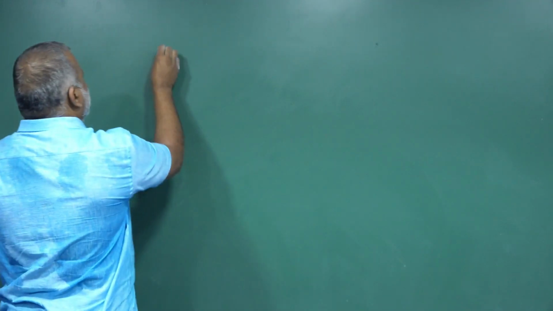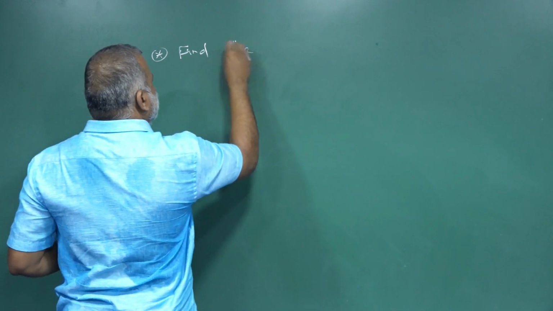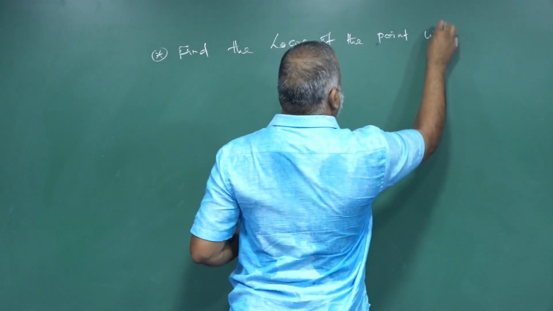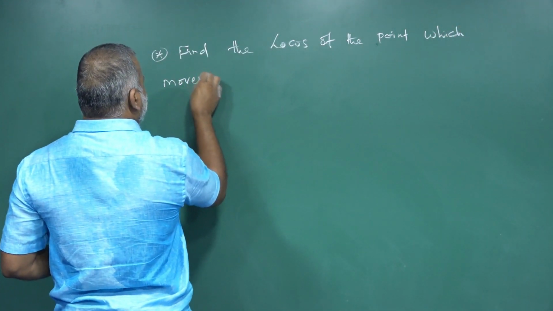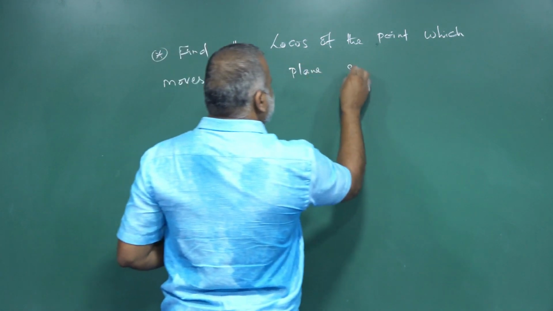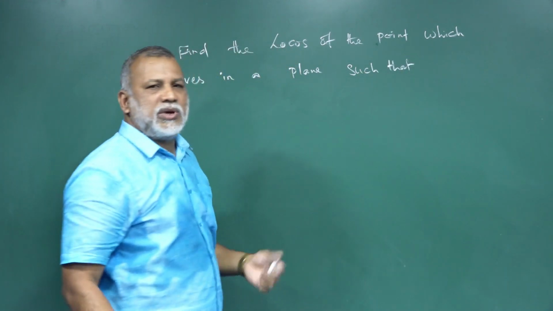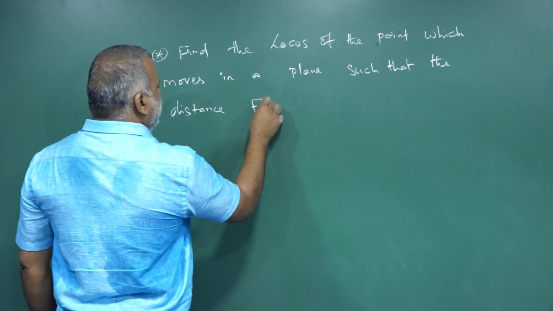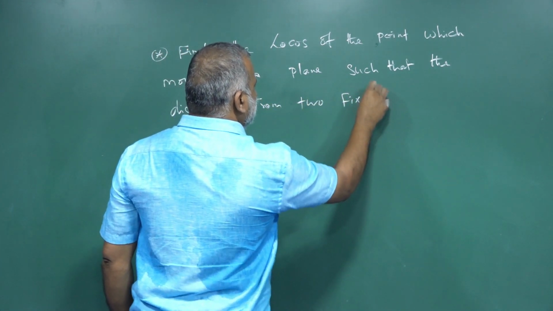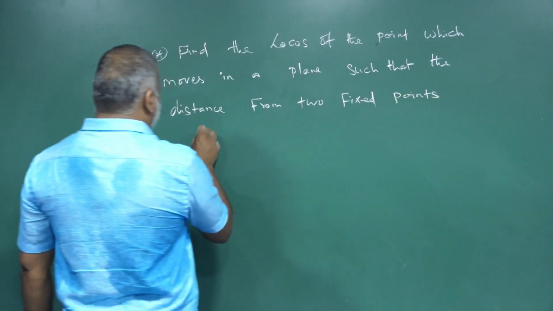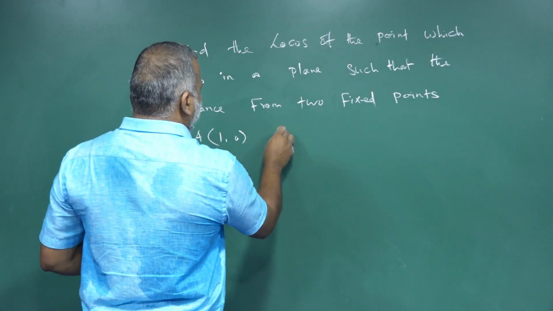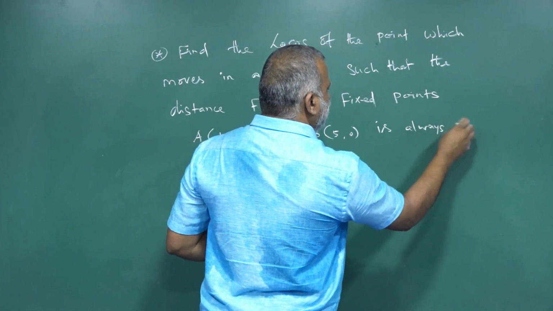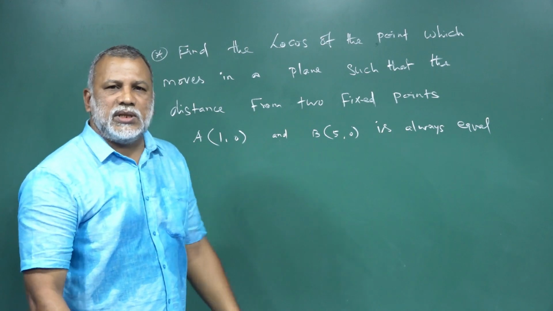Once again, find the locus of the point which moves in a plane, such that, after this we have some conditions, such that the distance from two fixed points A (1, 0) and B (5, 0) is always equal. See the condition. Find the locus.